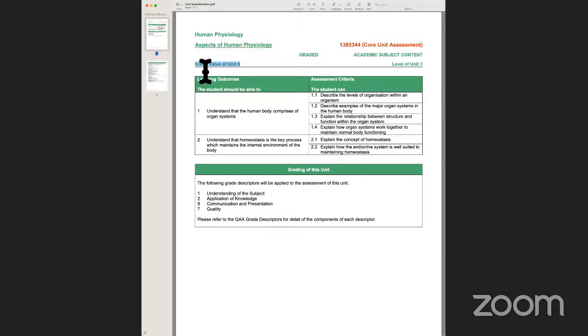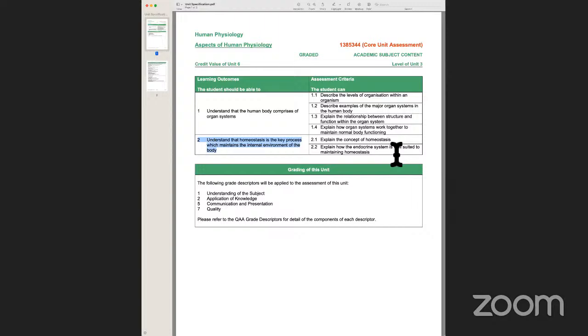Having a thorough understanding of the human body and the various systems is going to help you achieve that grade. Going back to today, we are studying learning outcome 2, which talks about understanding the process of what is called homeostasis. We'll go into understanding what homeostasis is and how the endocrine system is suited.